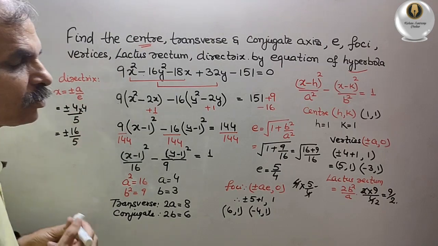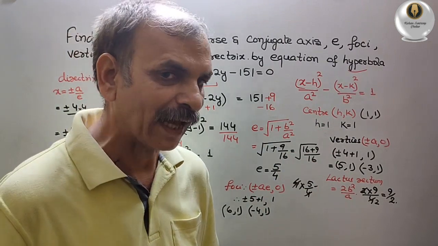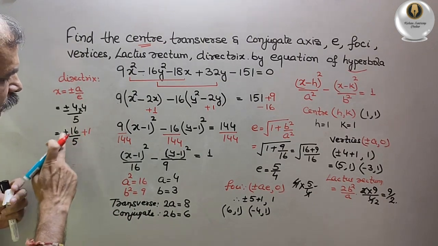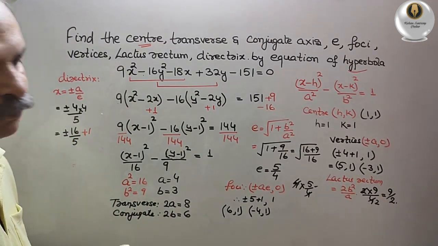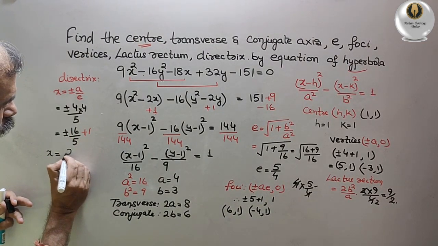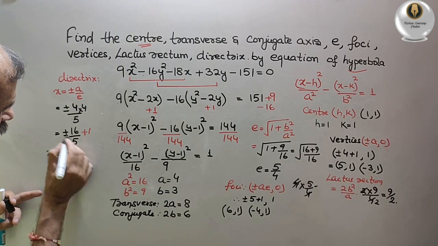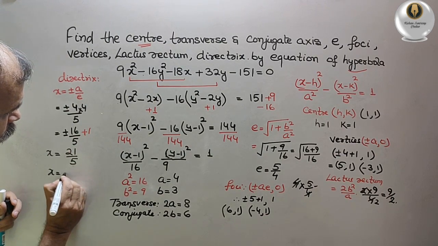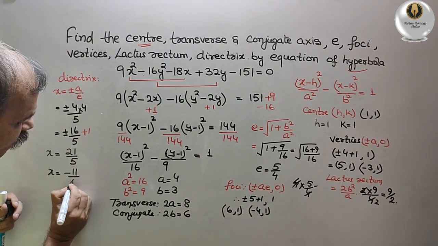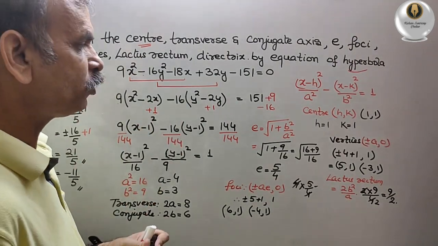So this is the directrix when your center is 0 comma 0, but it has shifted. Therefore what we will do? We have to add 1 here. So one time we will take plus, another time we will take minus. That means if you take plus, you will get x is equal to 16 plus 5 is 21 by 5. And another time, what is that? It will be x is equal to minus 16 plus 5 is minus 11 by 5. So these are your directrices. We have to find it out like this.